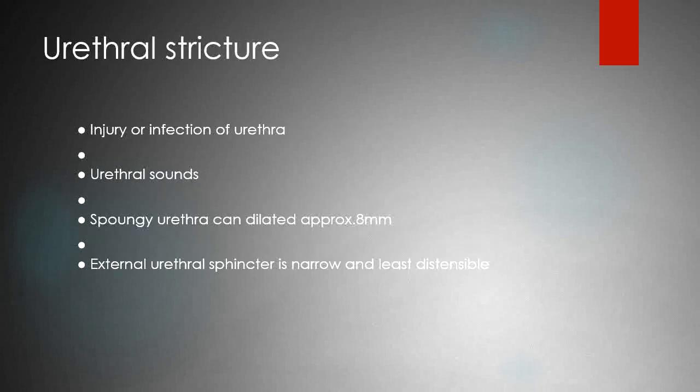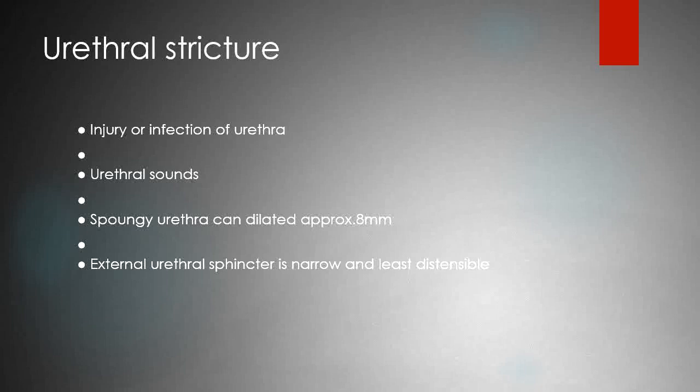Urethral stricture. Any infection of the urethra is known as urethritis. As a result of urethritis or any trauma or injury to the male penis, urethral stricture may form. We use urethral sounds to dilate the constricted urethra.